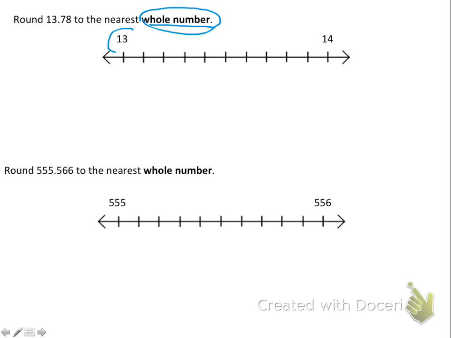Here I have 13 on my number line, and I have 14 over here. I'm going to plot 13 and 78 hundredths. I know that this is 13 right here, so this must be 13 and 1/10, 2/10, 3/10, 4/10, 5/10, 6/10, 7/10. So I know my point must be after this line right here.